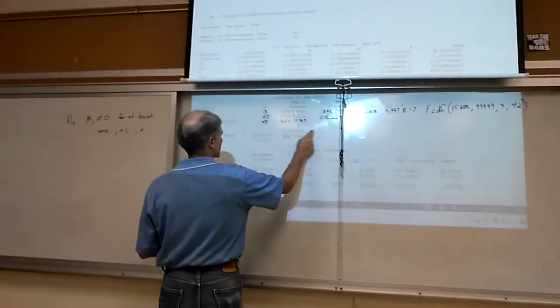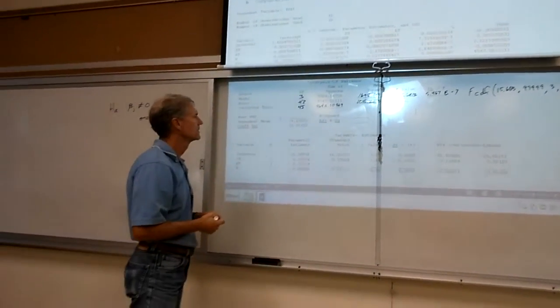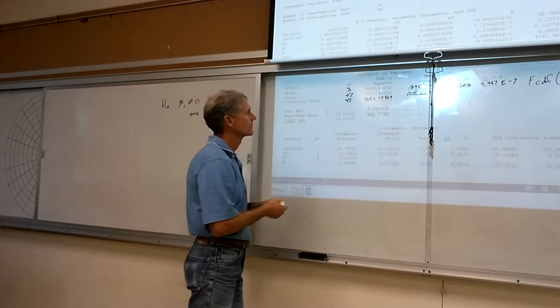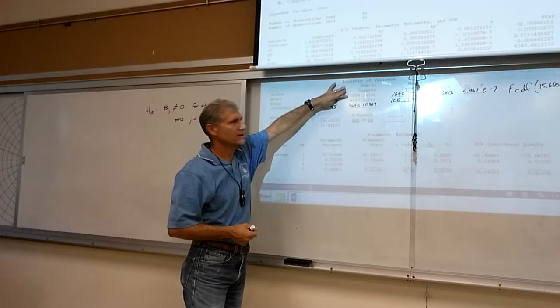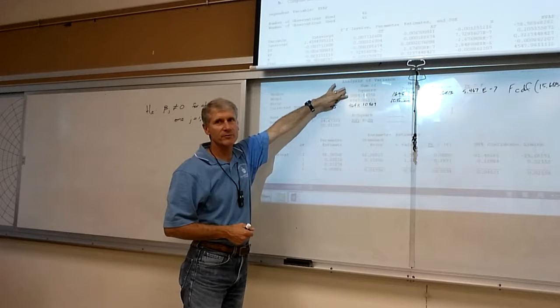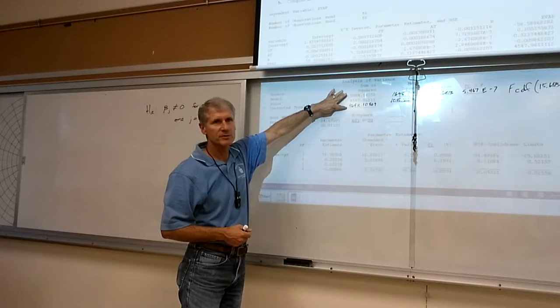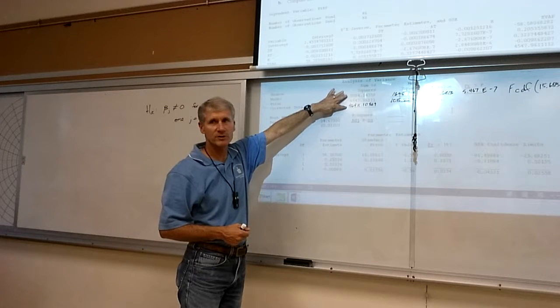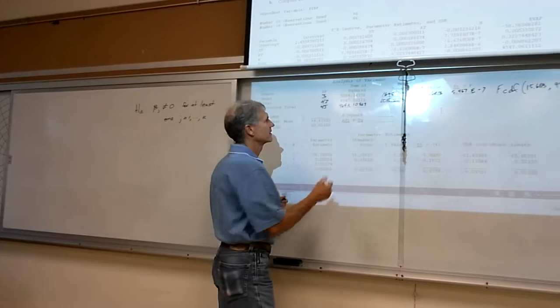So what is r-squared? R-squared is going to take the sum of squares for model, divided by sum of squares total. So 5094 divided by 9642, and what do you get?